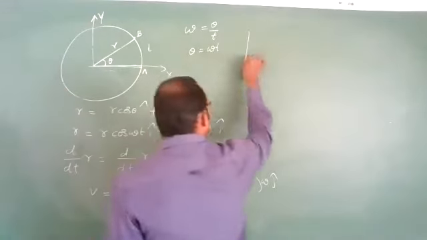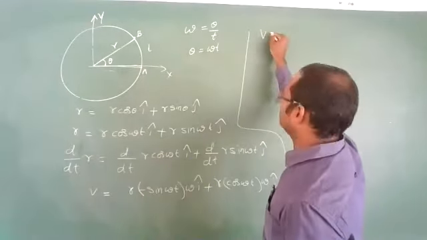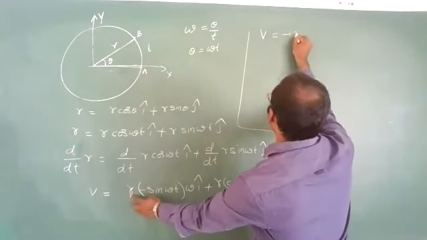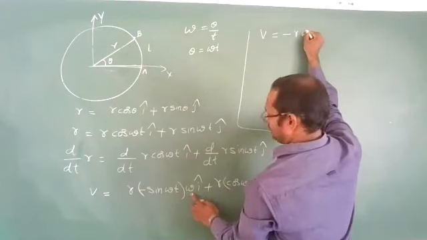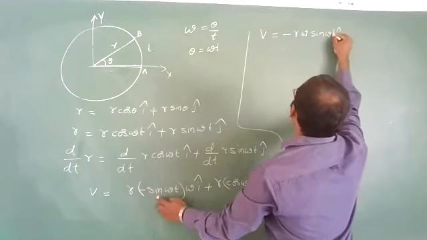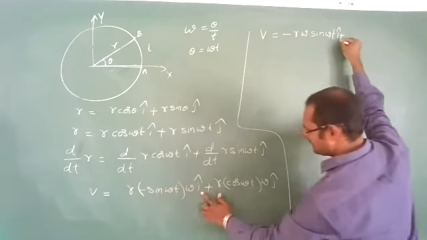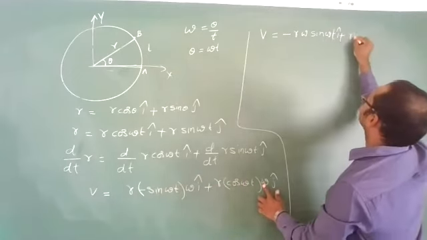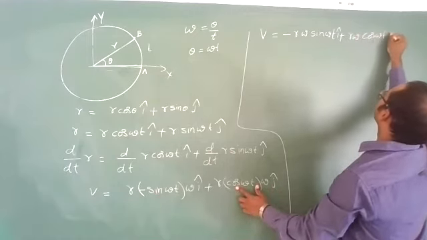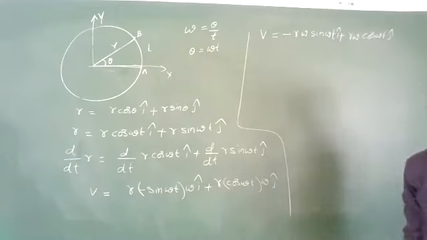Means your velocity has become v is equal to minus r omega sin omega t i cap plus r omega cos omega t j cap. This is the value we got.